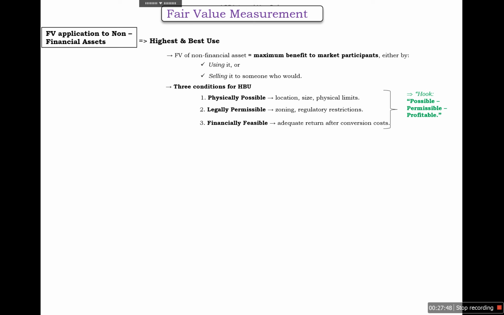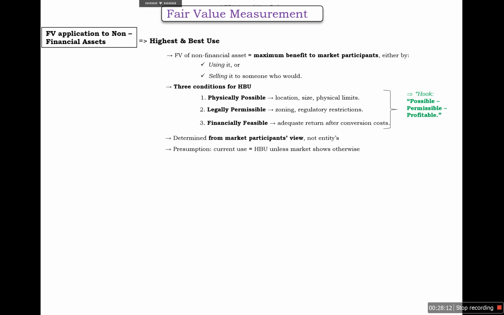This highest and best use, we need to determine again on the same principle, from the market participants' view, not the entity's view. And we need to presume the current use as the highest and best use unless the market shows otherwise. For example, I have a piece of land on which I am running a school.